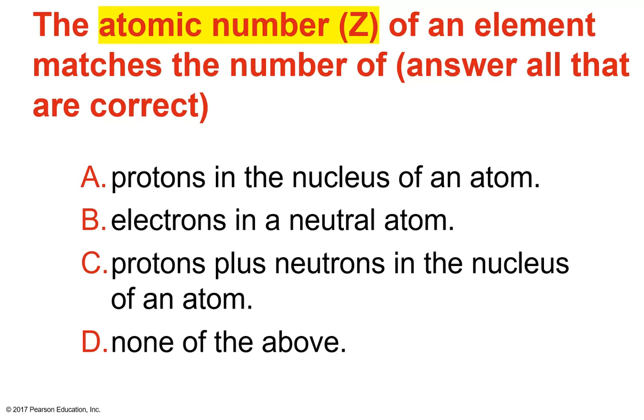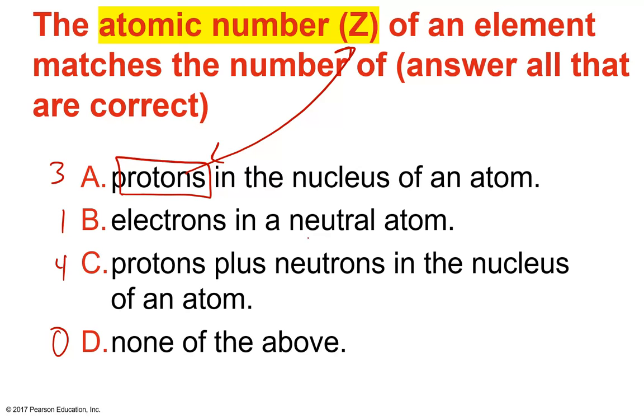Okay, everyone's answered now. We had 3 that said number 1, 1 that said number 2, 4 that said C, and 0 that said none of the above. Oh, it's A and B. She is correct. Good job. Z means the number of protons. That's what it means.